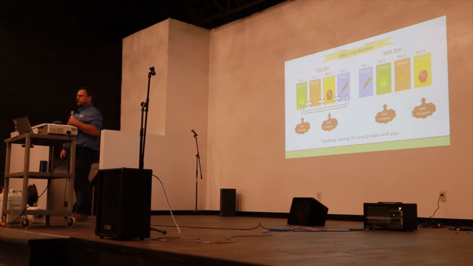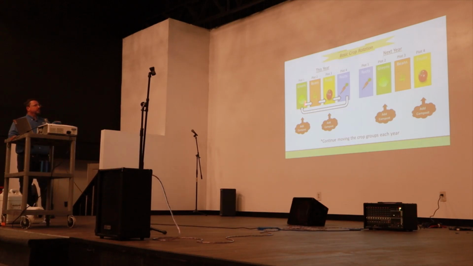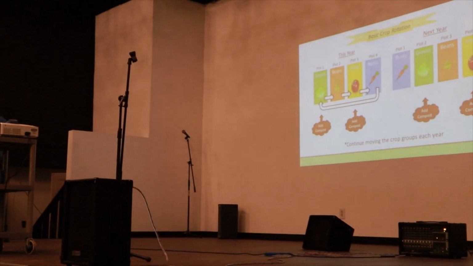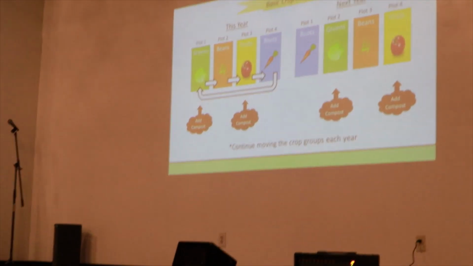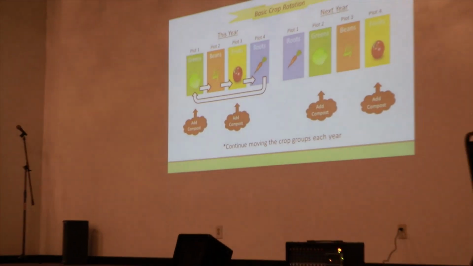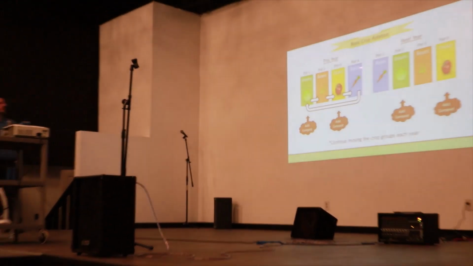This is one of the cultural controls examples. These are different plots in a garden. That can be an acre plot, it can be 10 square feet. The size is kind of irrelevant. This year, say you have these 4 plots, and you've got greens here, beans, fruits, and roots.